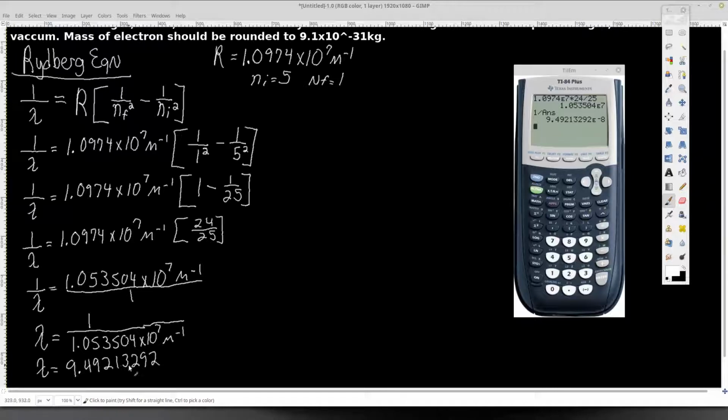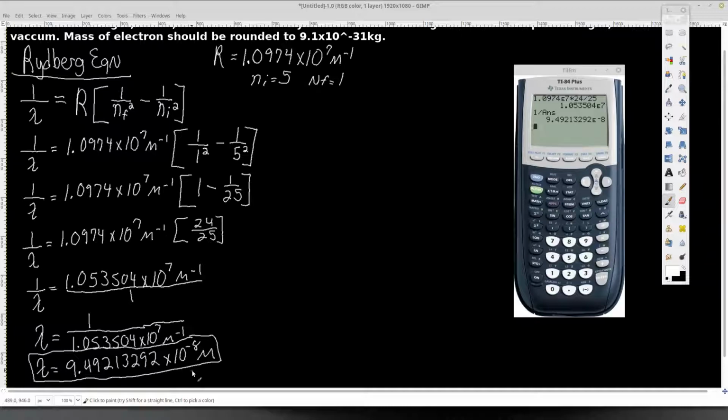Yes. Times 10 to the negative 8th. Oh, yeah. And then this time, this will become meters. Now, yay! This is our wavelength, which they didn't even ask us to calculate. But yes, we had to get this just so we can continue working on the problem.